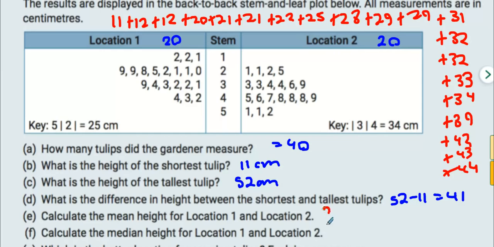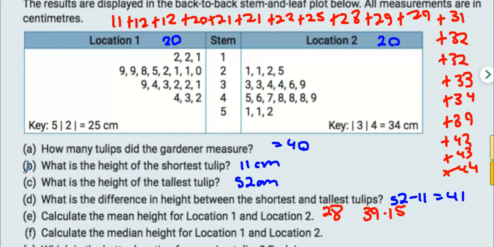What do you get for it, out of interest? 28 for location 1, and for location 2... It's safe to say that, if you're talking about central tendency, location 2 has the higher mean, doesn't it? So it means in general, location 2 has bigger plants.